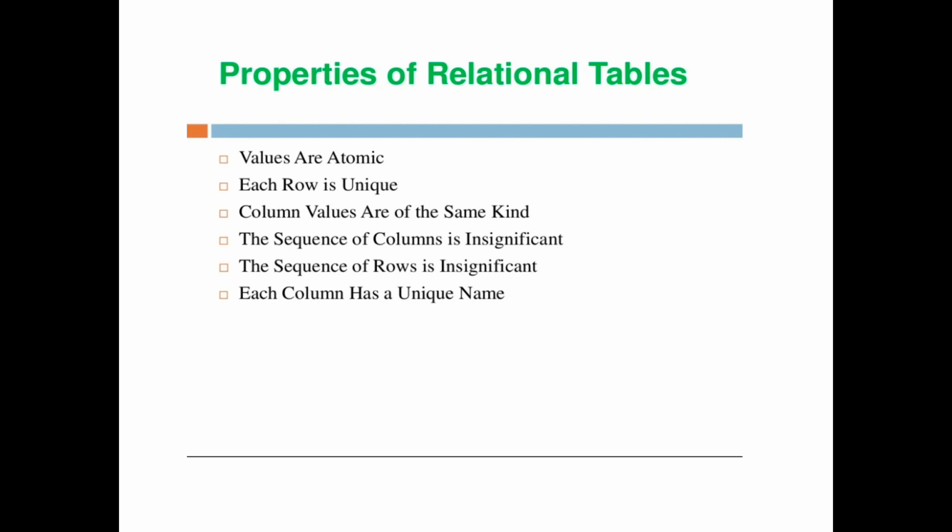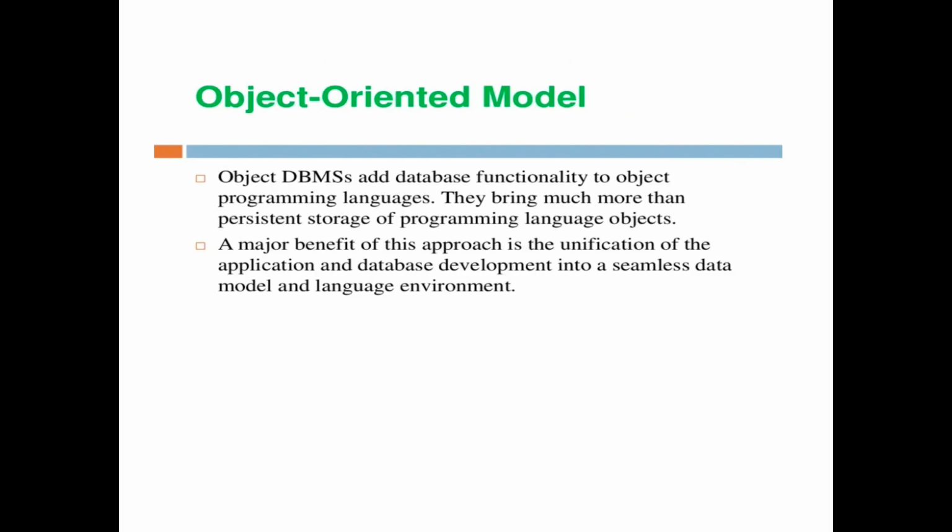Suppose one column is integer, then we cannot enter a string in it. We take the same kind of data type. The sequence of the columns is insignificant, and the sequence of the rows is insignificant. Each column has a unique name.